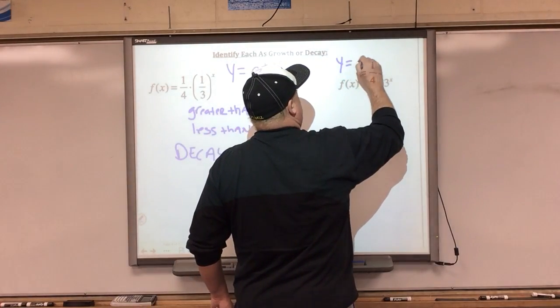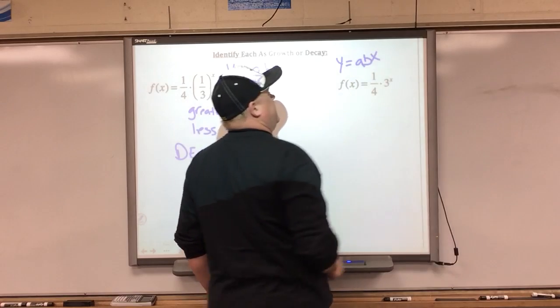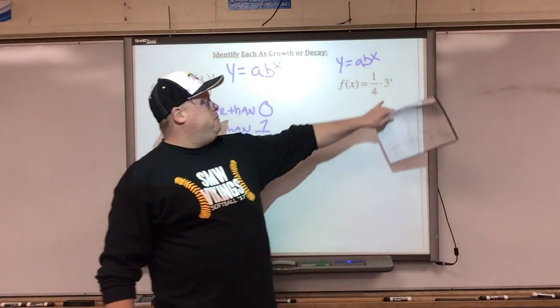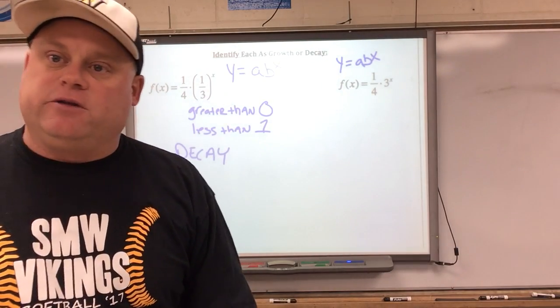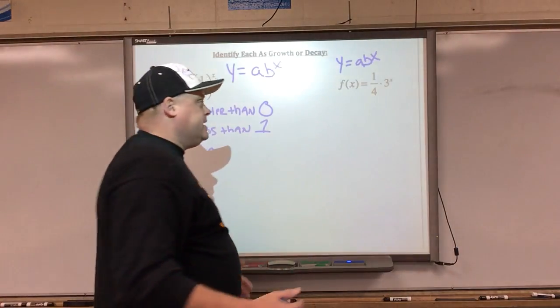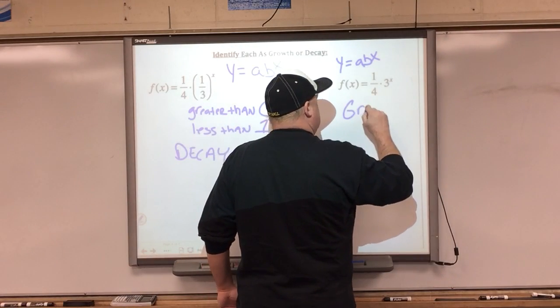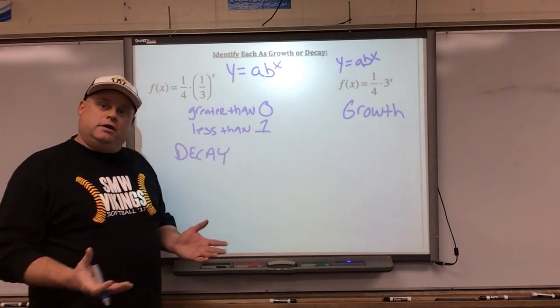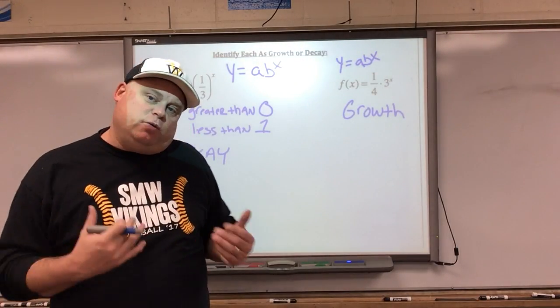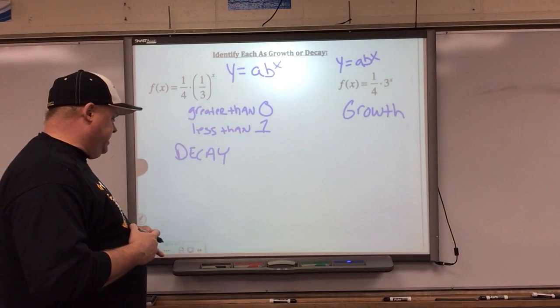Remember, we're in y equals ab to the x. My b term is 3. Is 3 bigger than 1? Yes. So this has to be a growth. Hopefully you're going to start to see that. If you do a few of these, it should make some sense.